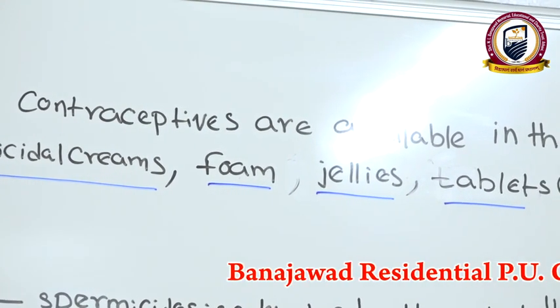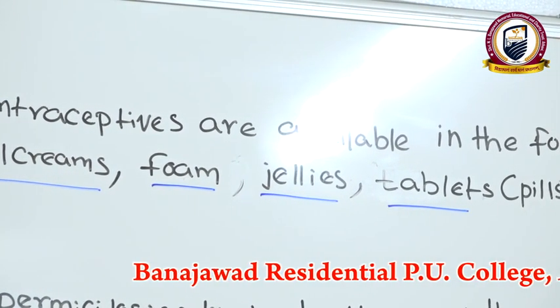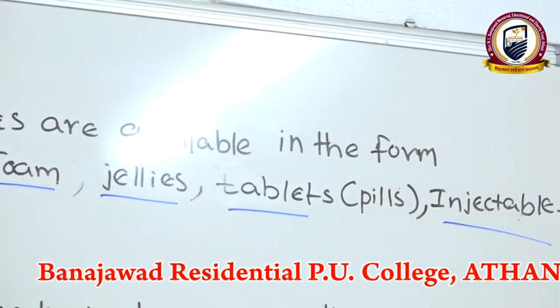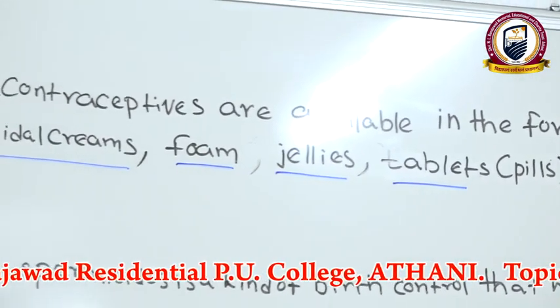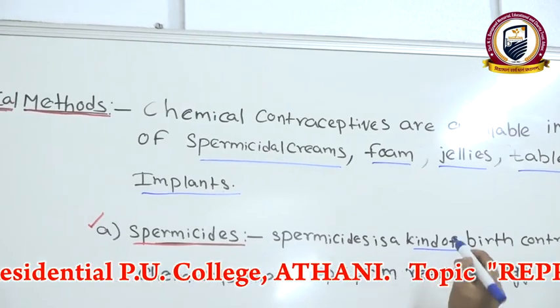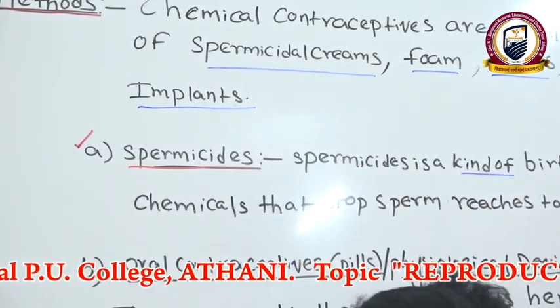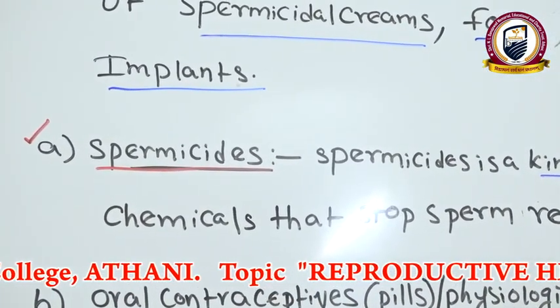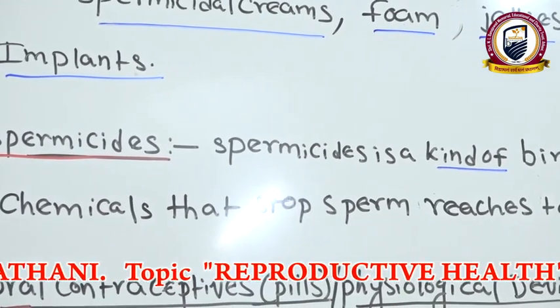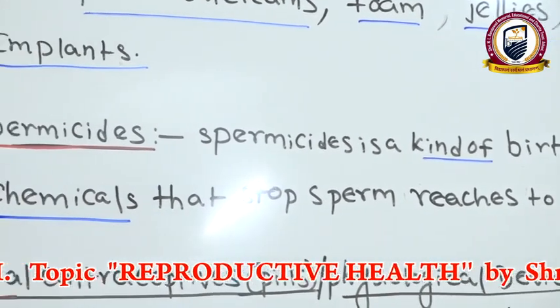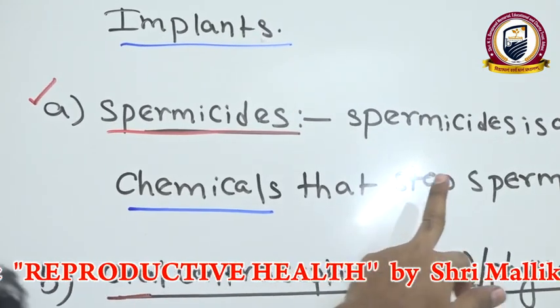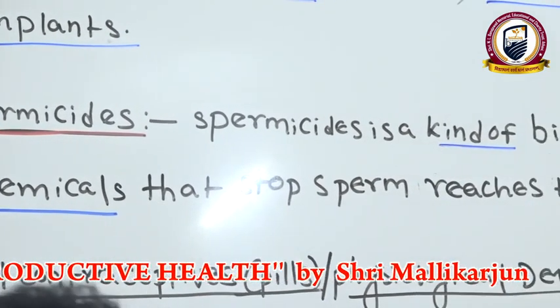Okay, clear. Now, first one we can take here, that is the spermicides. Spermicides is a kind of birth control method that has chemicals that stop the sperms from reaching the egg.